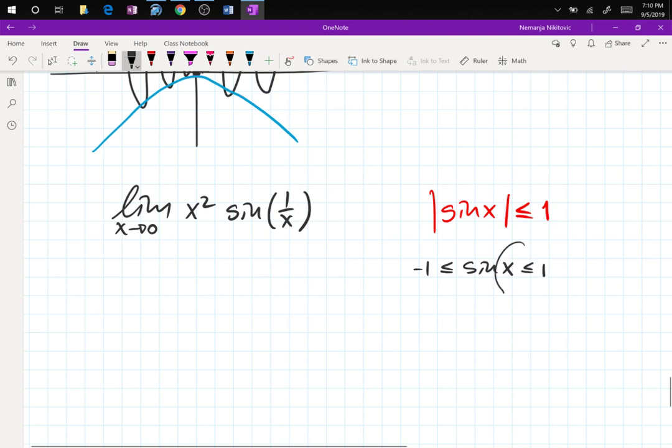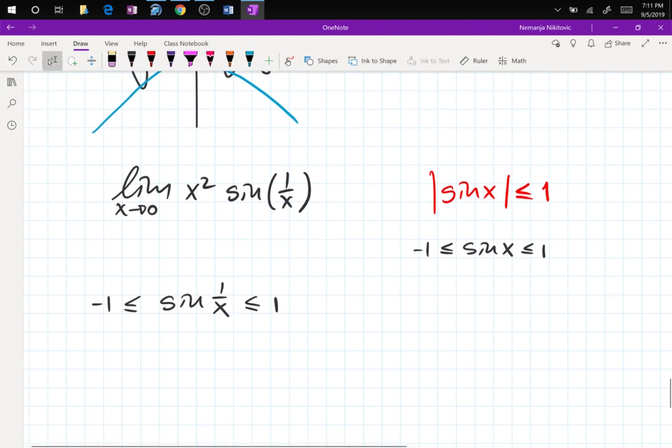And we don't care what's here. So we can just put 1 over x if we want to. So this is where you start the problem. You say sine of 1 over x, leave some space right there. So sine of 1 over x is stuck between -1 and 1.